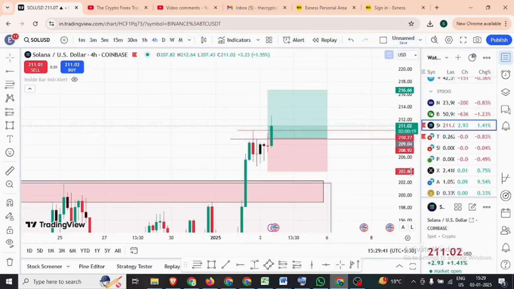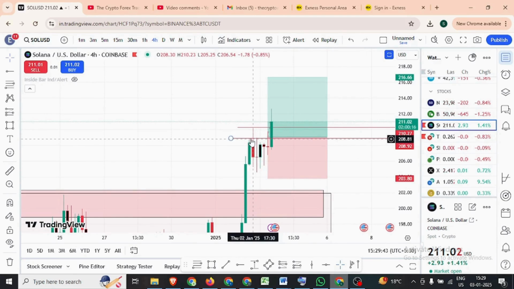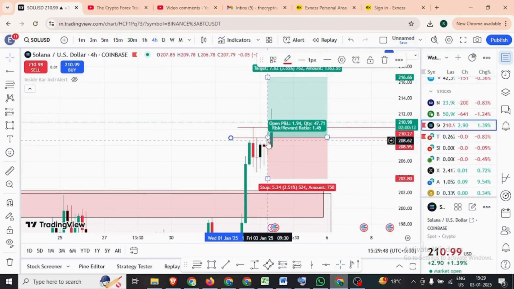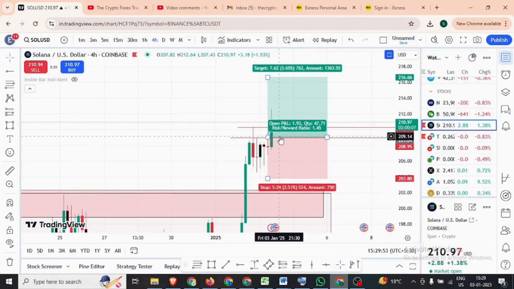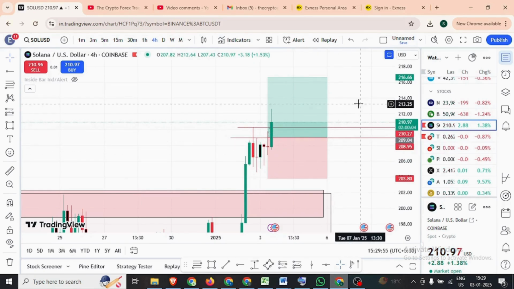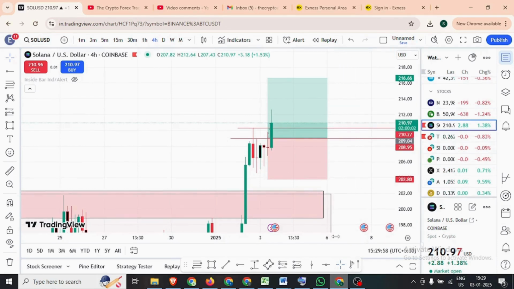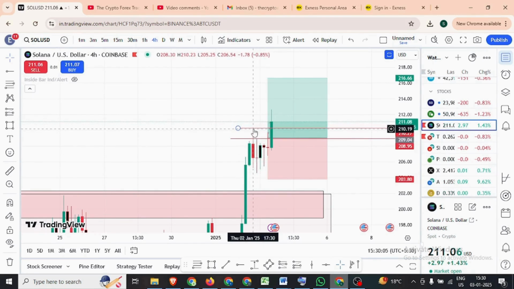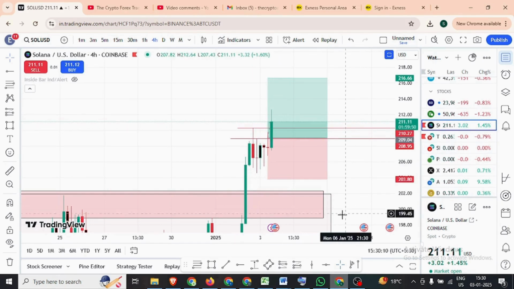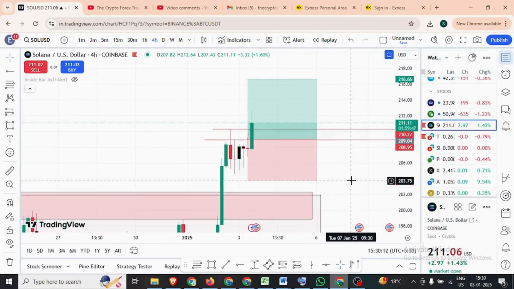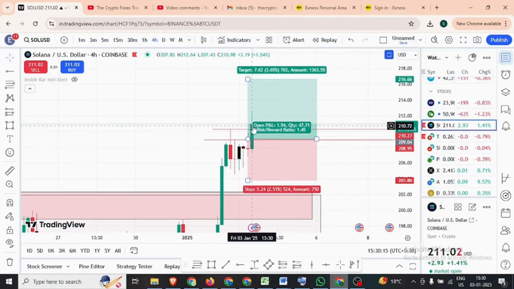This is our entry level, as this is the high of this mother bar candle, which is taken out with this candle right here. We consider this a safe trade when it breaks this candle high. Those who want to take this trade can also enter right here.